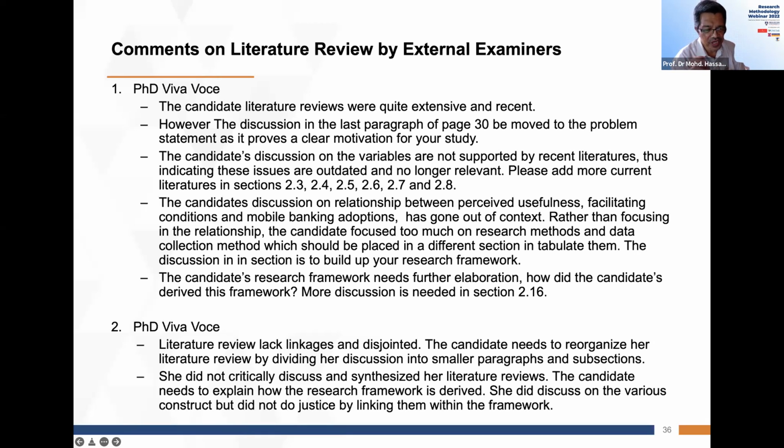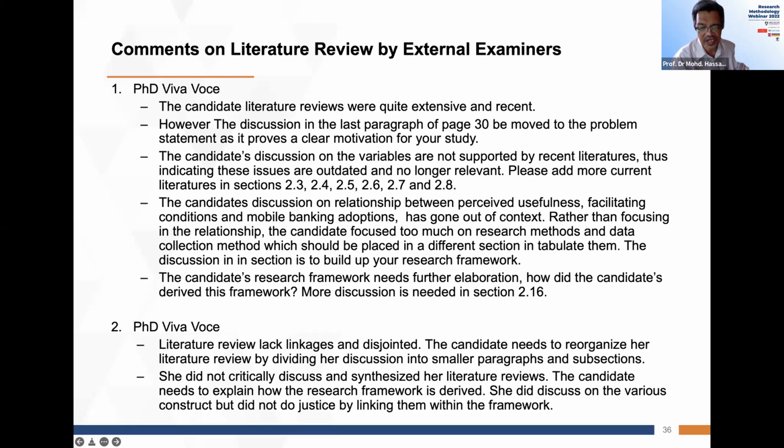The candidate needs to explain how the research framework is derived. Again, this candidate did not discuss how the research framework is derived. Suddenly, out of the blue, the framework appears in the chapter on literature review, and there was no discussion of how it got there or how she derived it.